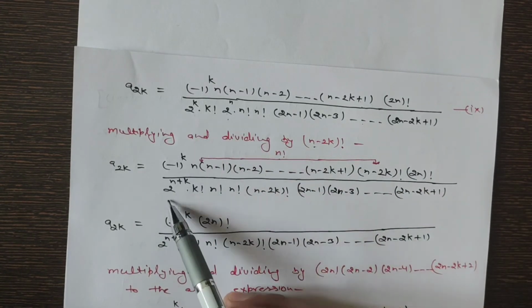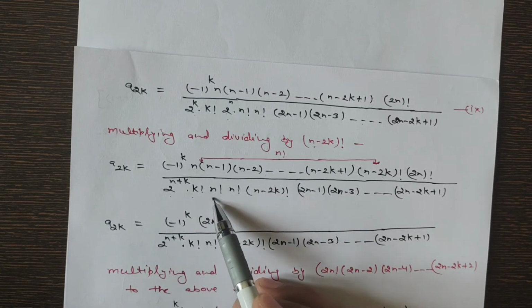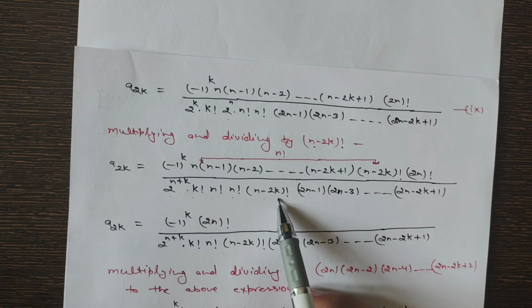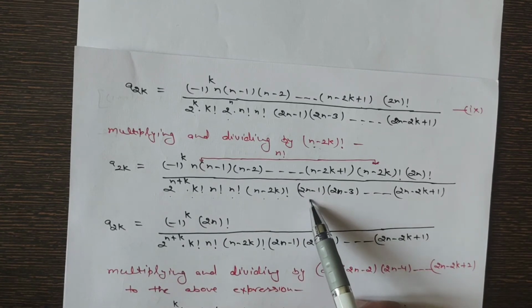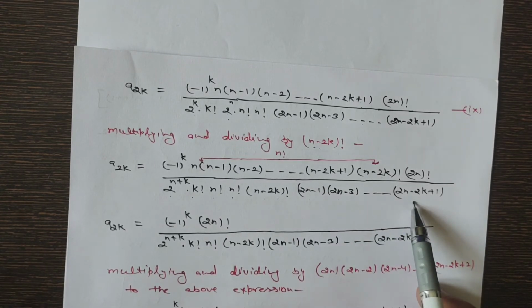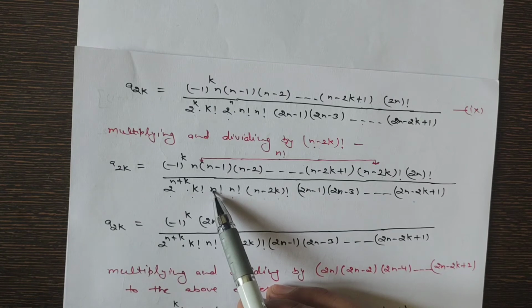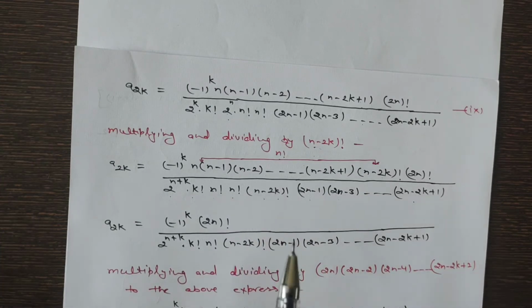This can be combined to write 2 raised to power n plus k, k factorial, n factorial squared, and also we had divided by (n minus 2k) factorial, and the rest of the terms are (2n minus 1), (2n minus 3) up to (2n minus 2k plus 1). So this n factorial and one n factorial from the denominator can be cancelled.